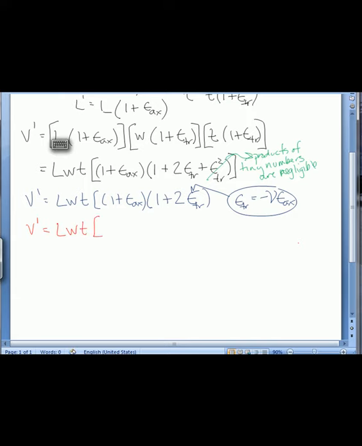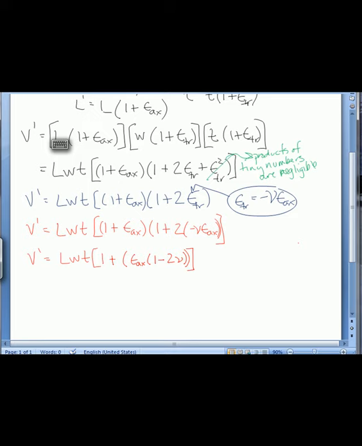Length times width times thickness times 1 plus axial strain times 1 plus 2 times minus Poisson's ratio times axial strain. Just a little bit of rearranging of this lets us say that it is 1 plus axial strain times 1 minus 2 times Poisson's ratio.